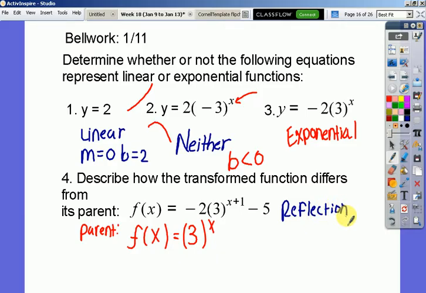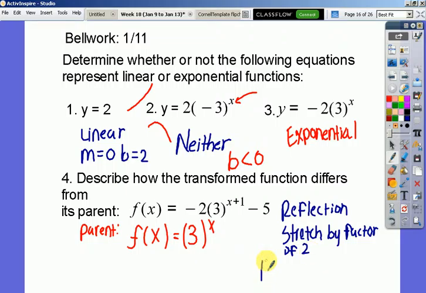What does the 2 do? Stretch. It stretches it. Remember, if we have an a value greater than 1, it's a stretch. So it's stretching it by a factor of 2. Good. What does the plus 1 do? Yep.